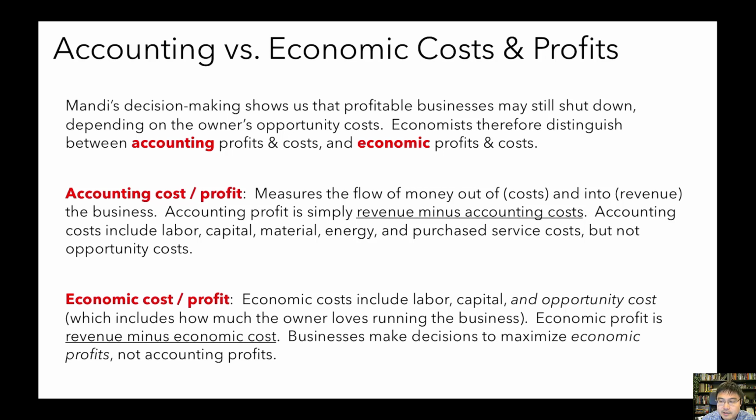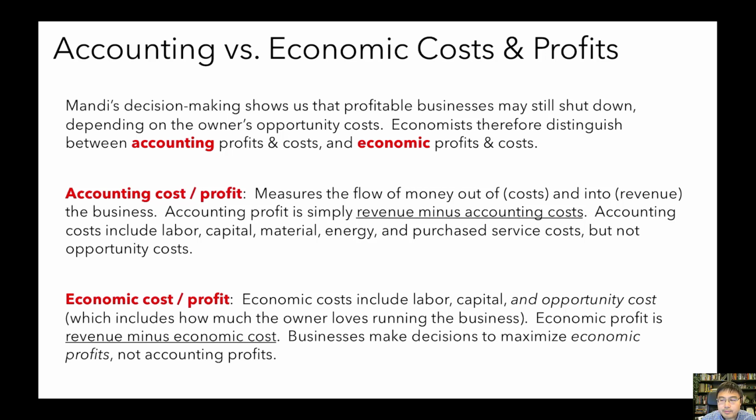Profitable businesses might still decide to shut down, and unprofitable businesses might still decide to stay open. And what it really depends on is the owner's opportunity costs. And so therefore, economists have to distinguish between what's called accounting profits and accounting costs and economic profits and economic costs. All right? One isn't better than the other. They're just meant to measure different things.